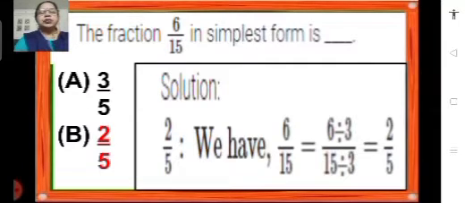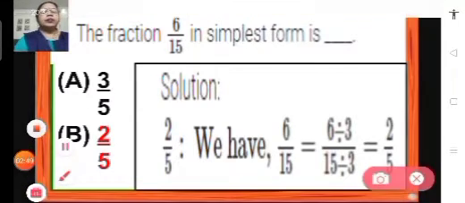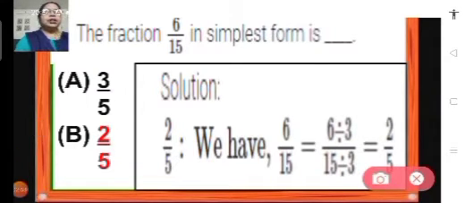So we have two options here. Let's check. 6 upon 15, when we divide by their HCF 3, then it is 2 upon 5, isn't it? So 2 upon 5 is the simplest form of 6 upon 15. Option B is right answer.